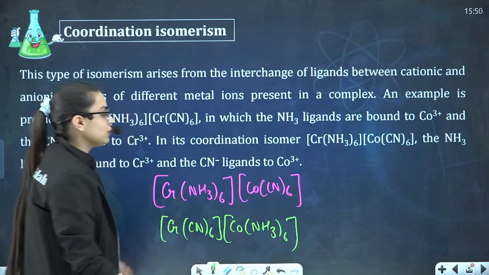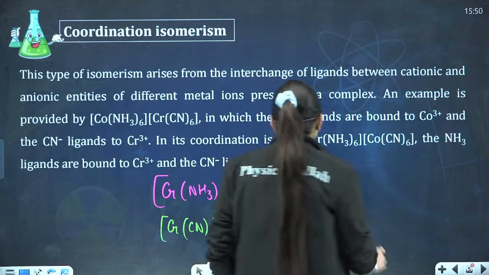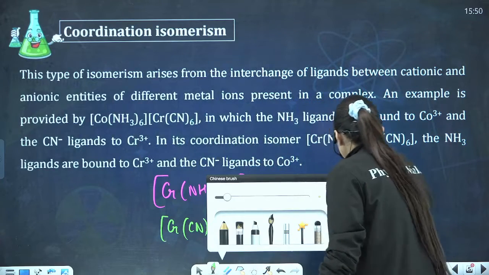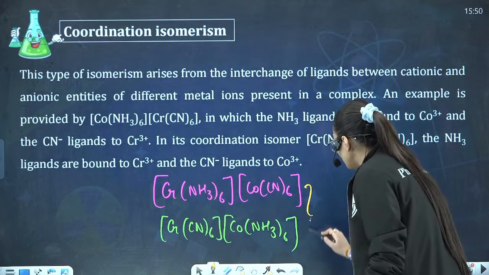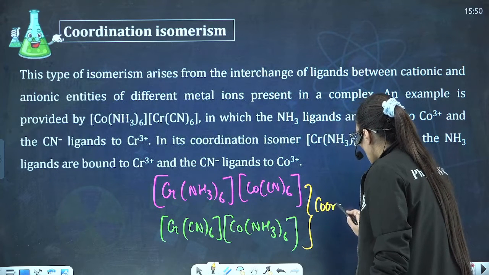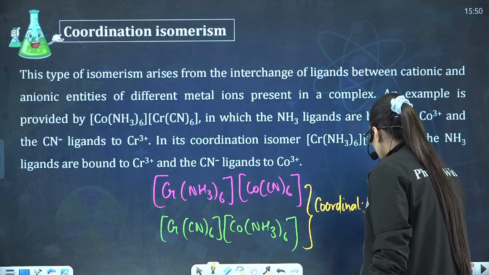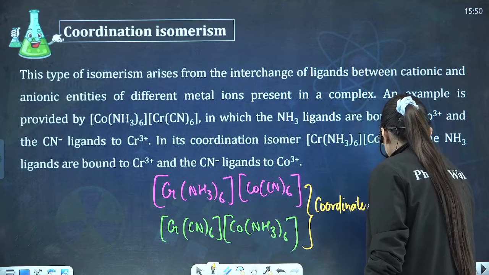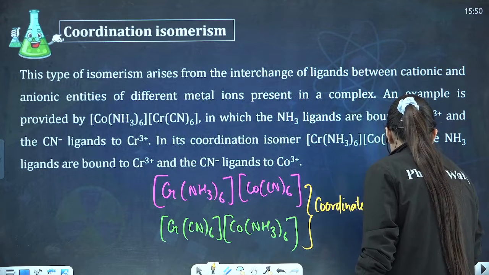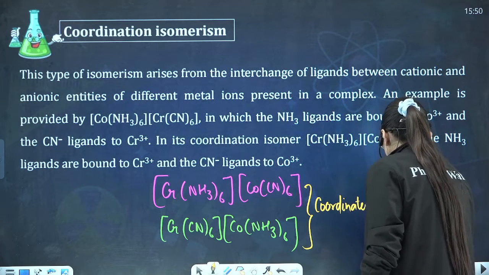So they both will be called coordinate isomers of each other.